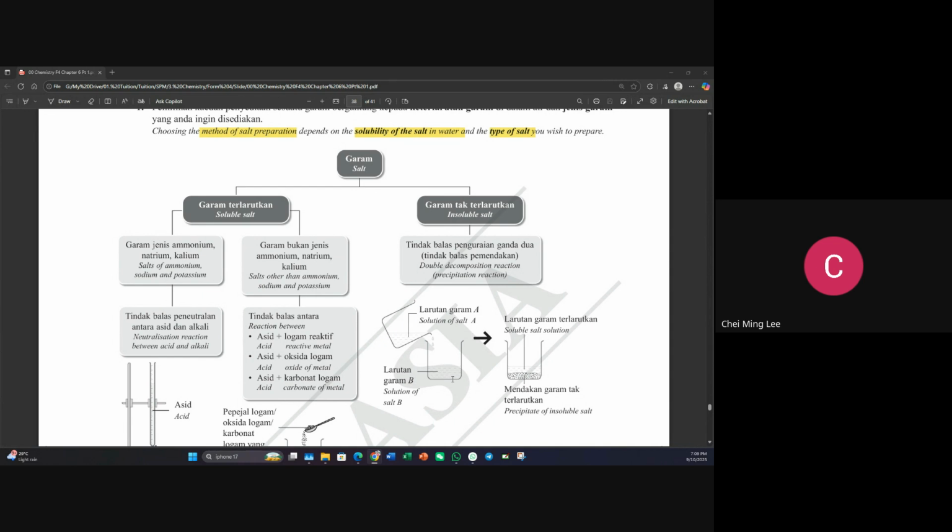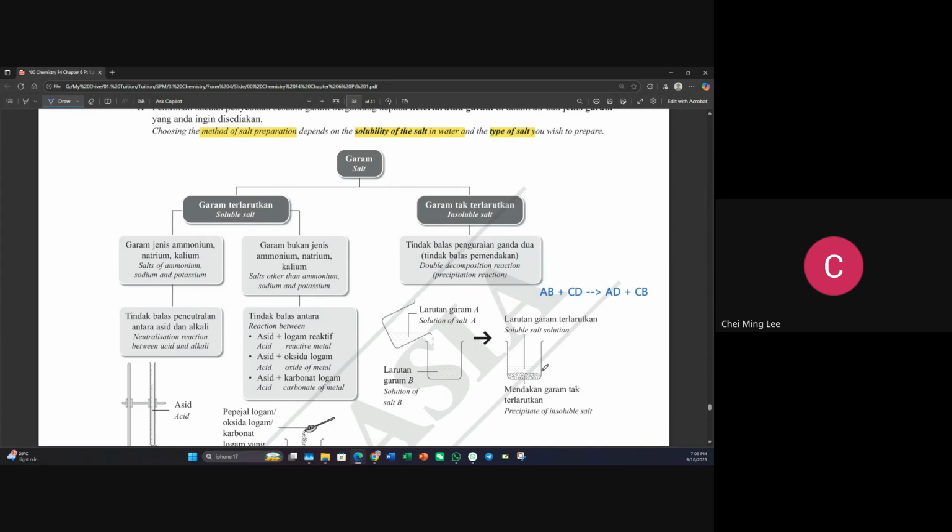AB plus CD will become AD plus CB. Do you understand this one? One of AD and CB must be insoluble, so it will become like that.